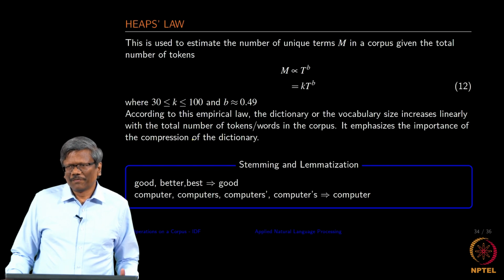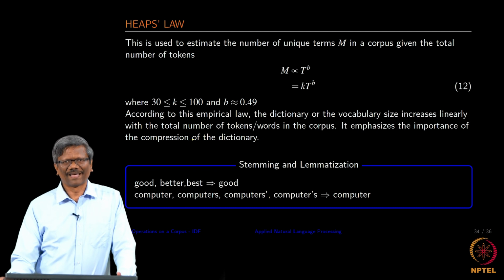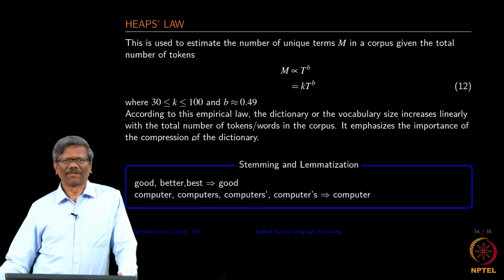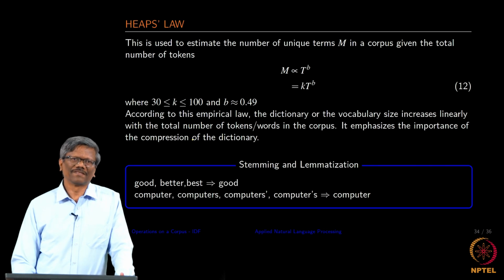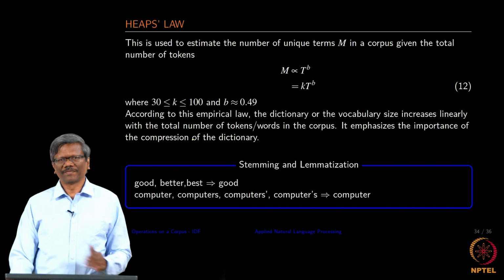That means, if you have a vocabulary captured with respect to run, ran, running and so on, it is going to really increase the number of terms, and every word would be considered as a term, which is not really right.